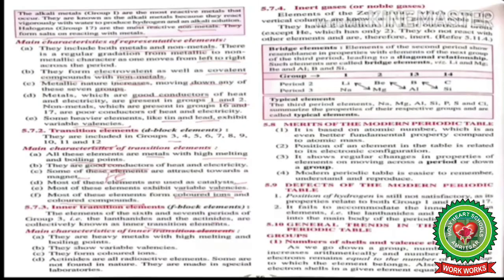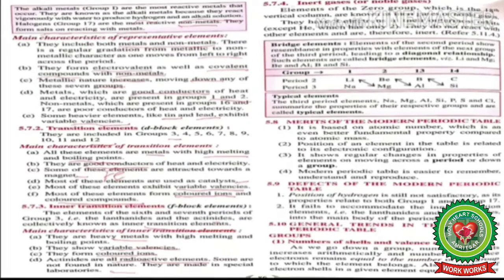Main characteristics of inner transition elements: they are heavy metals with high melting and boiling points. They show variable valencies. They form colored ions. Actinides are all radioactive elements. Some are not found in nature. They are made in special laboratories.